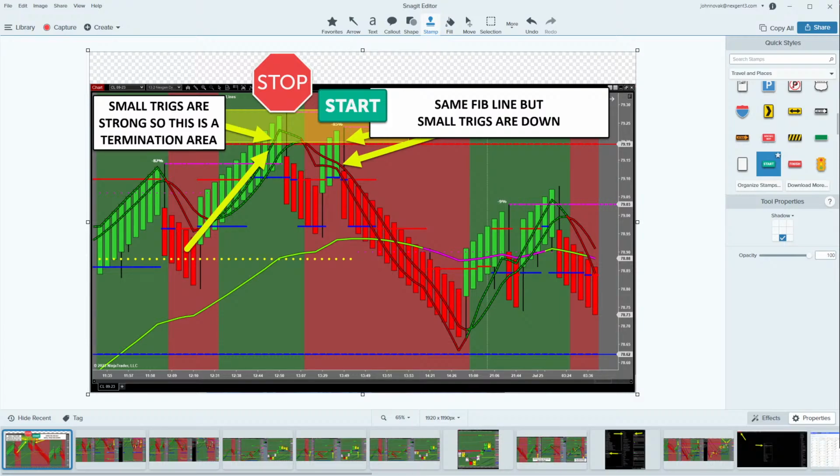We went through this yesterday quite a bit, and I think it bears repeating. The small triggers on your large chart, regardless of what market you trade or whatever your large chart is, if it's NASDAQ or anything else, it doesn't really matter. You want to make sure that you have the Fibonacci and the trigger lines that line up with each other.